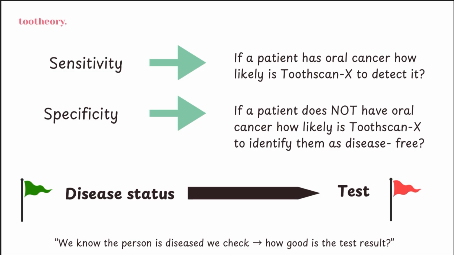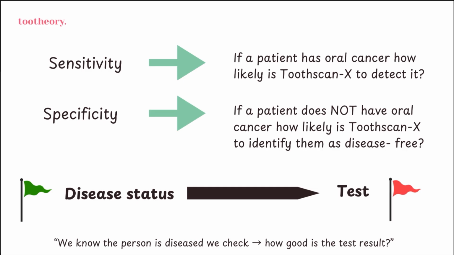So essentially what we look at when we are looking at sensitivity and specificity is that we know the person is diseased, and then we check if the test did well in diagnosing that disease or diagnosing a healthy person as disease-free. So we talk about the disease first, and we're sure that a person has a disease, and then we are basically seeing how well the test is doing in identifying or not identifying that disease.